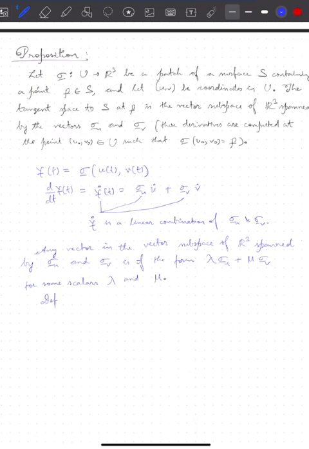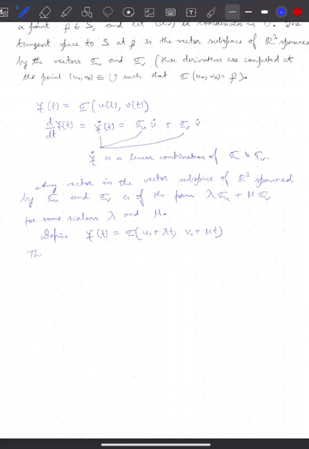Now say we define gamma vector about u naught and v naught, with u naught plus lambda t and v naught plus mu t. So this is how we are parameterizing it.